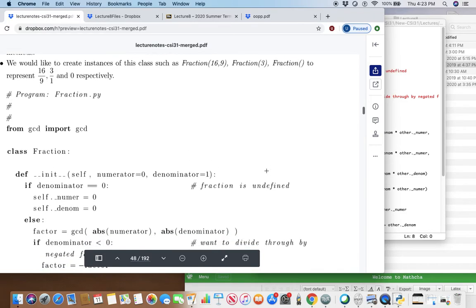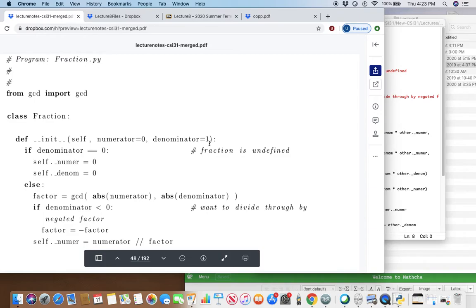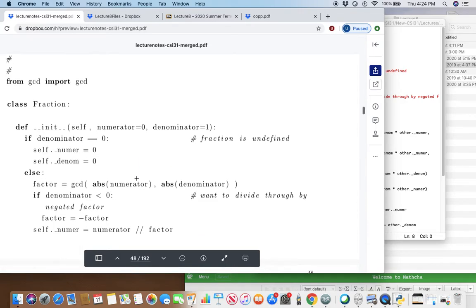Now, what happens if the user gives denominator 0? Mind you, this is a double equal, so that is a Boolean value. If the denominator is 0, immediately assign numerator 0 and denominator 0, and this is what we call undefined.